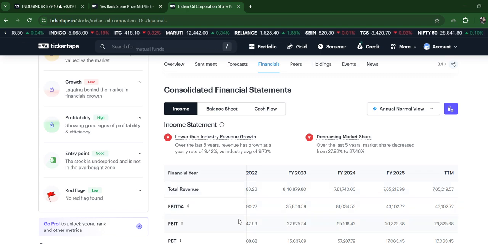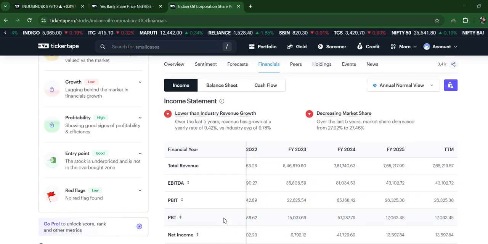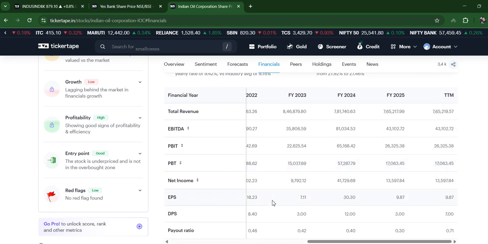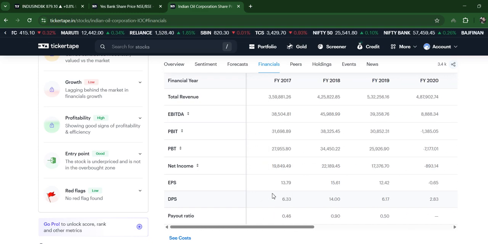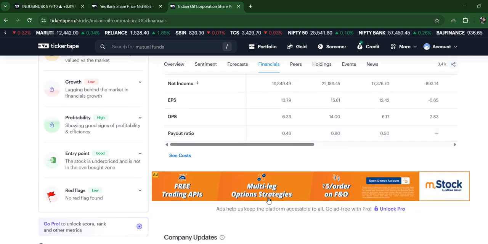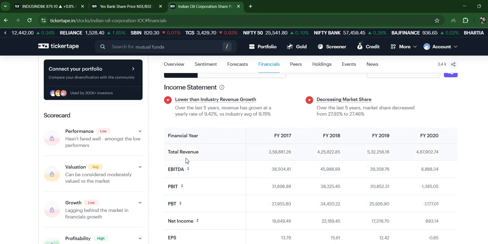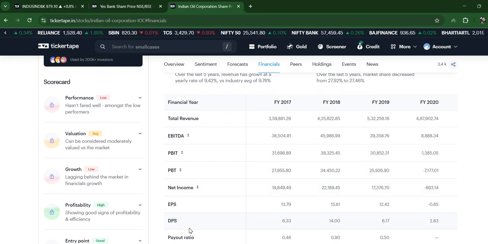It provides the revenue, EBITDA (earnings before interest, tax, depreciation and amortization), profit before tax, net income, EPS and the payout ratios. If you want, let me know in the comment section and I'll teach you in detail how it is computed, what the formulas are and how it is used. But over here, I'll restrict myself to giving you an overview of this website.